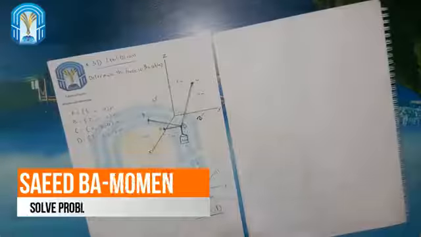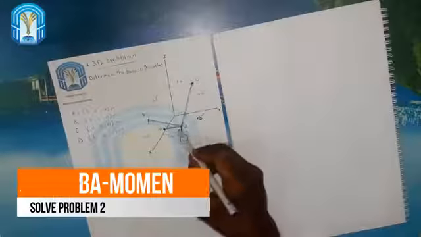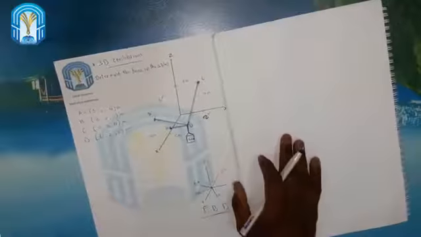We have this example in 3D equilibrium. Determine the forces in AC, DA and DB.